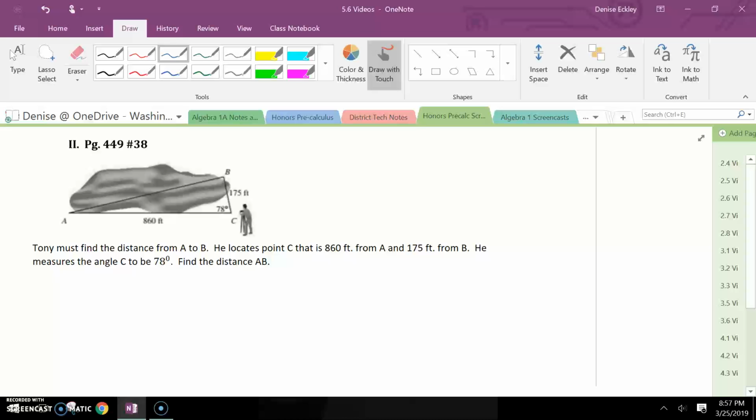So we need to find the distance AB, which is side C. And again, if you notice, we have a side angle side situation, so we'll be using the law of cosines.